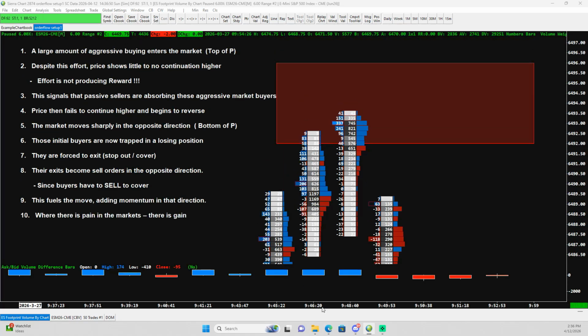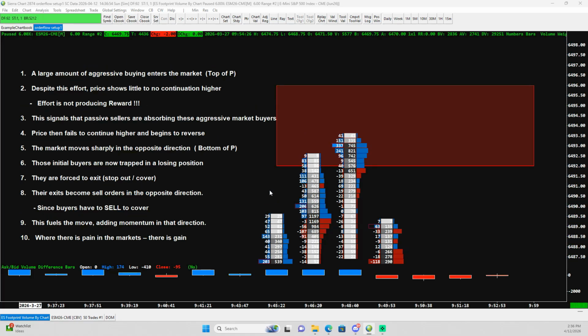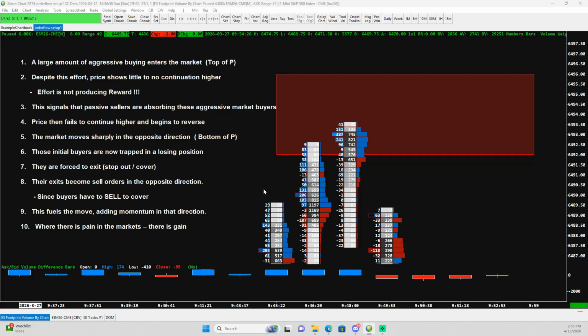And so I'm not going to show you guys an example of the B profile. There's really no need. If you guys are attentive to this information and taking notes, it's quite easy to just flip this and understand once you change the terminology around. So for a B profile, confirmation within demand, you would be looking at a large amount of aggressive market selling entering the market, and that would form the bottom of the B profile.